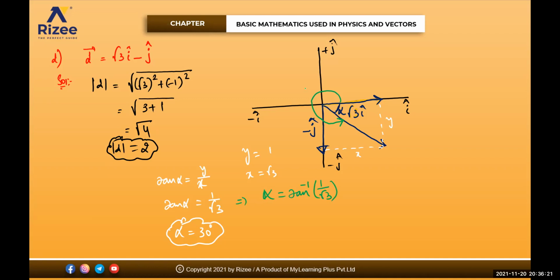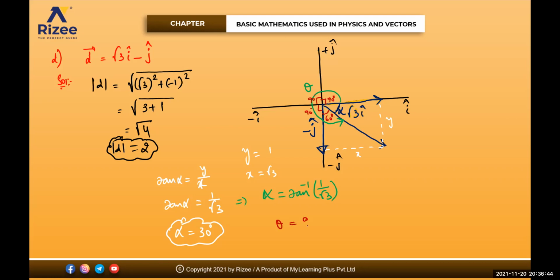So alpha is 30 degrees and this one is theta. Can anyone tell me what is the theta now? 270 plus 30. So this one is how much? 90. This one is how much? 90. This one is how much? 90. Can anyone tell me? Out of 90, 30 has gone, so this will be equal to 60.